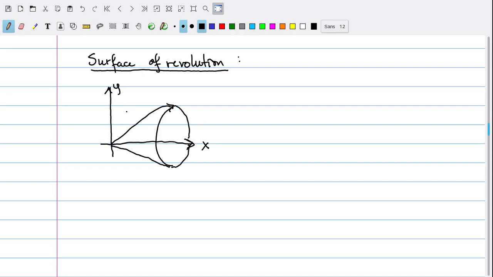And the basic idea here is if this curve is given by y equals f of x, then at any particular x value, I need to be able to produce on the surface here a circle which has radius given by f of x.